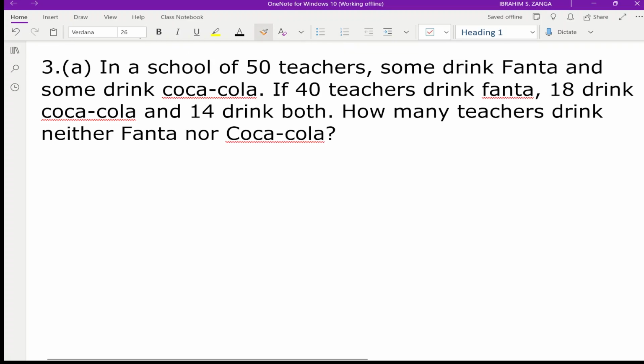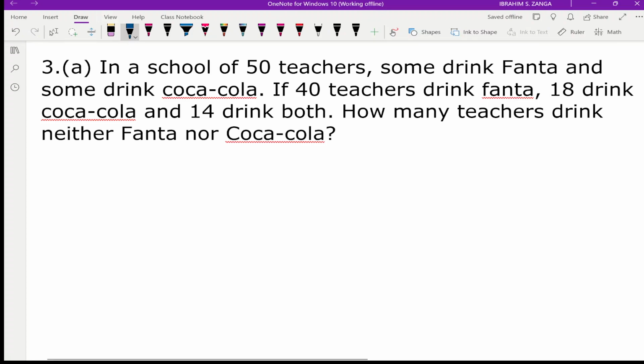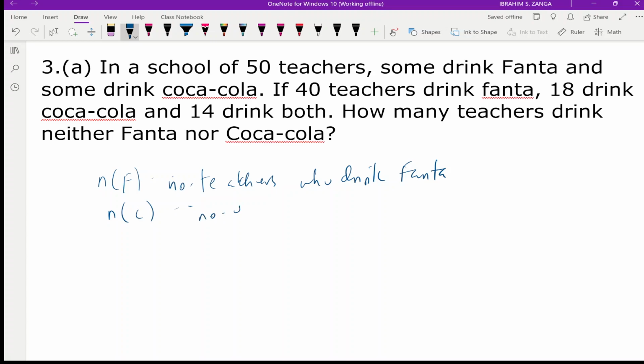So we are going to use a Venn diagram. What we do here, we are going to start, let me say, NF representing the number of teachers who drink Fanta, and NC, the number of teachers who drink Coca-Cola.